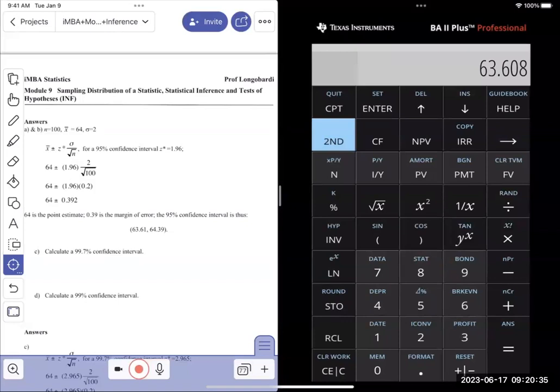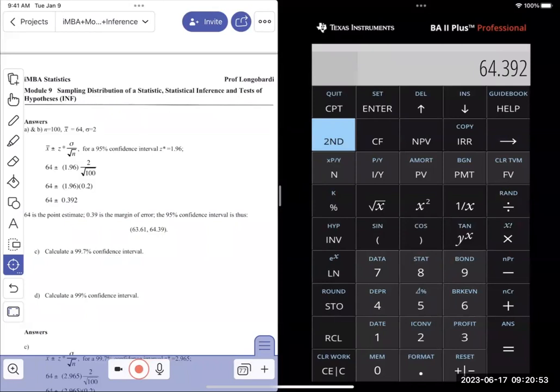So my rounding rules here are just to simplify it. I don't keep all the decimal places, so just simplify. 63.61 and then 64 plus recall 1, 64.39. Okay.